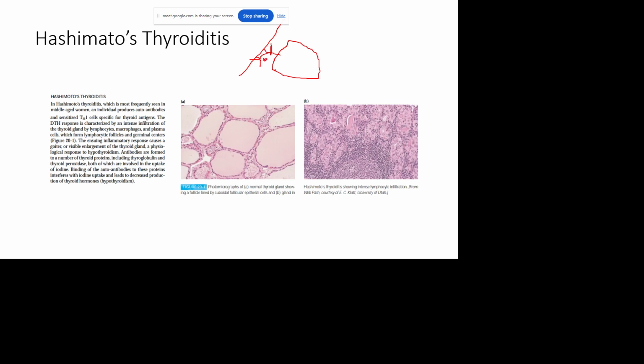This is MHC class 1 and class 2 protein. Class 1 will interact with CD8, class 2 will interact with CD4. So this is your TCR, and this is the antigen presented by the MHC protein on the thymus epithelial cell.